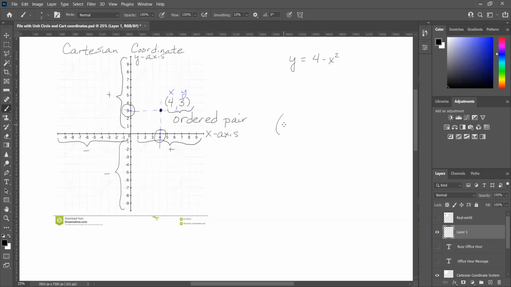So if I were plotting the point, say, -5, 4, I need to recall that the -5 is the x and the 4 is the y.